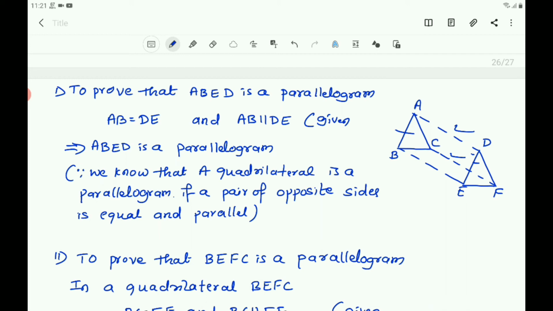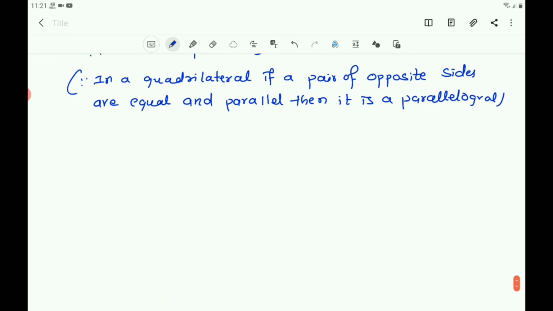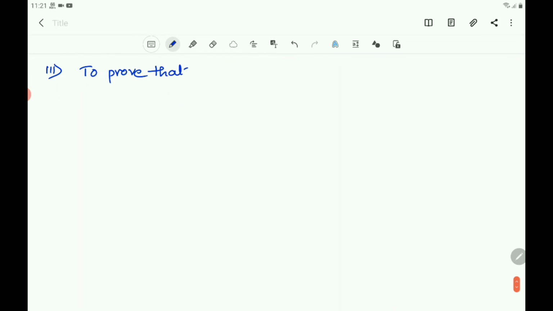That you have to show here. To prove that, AD parallel to CF and AD equals CF.